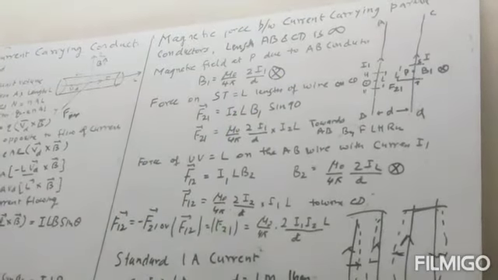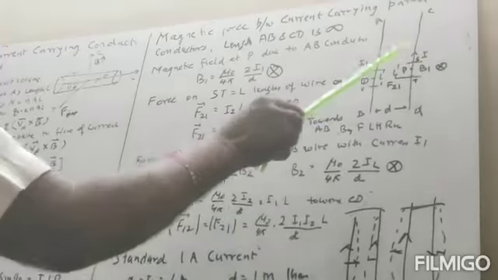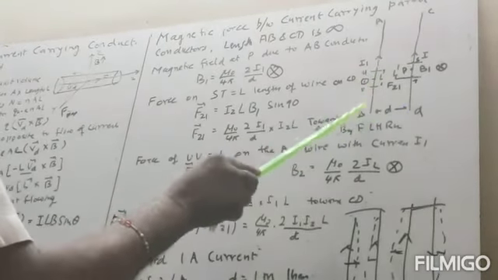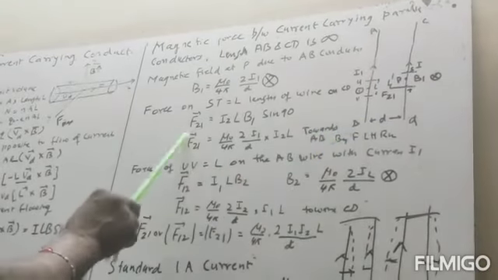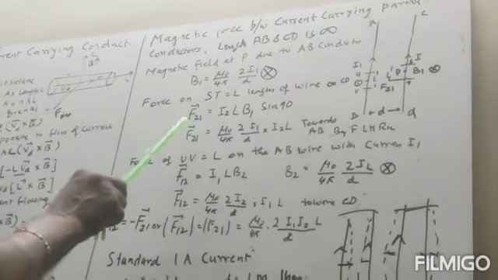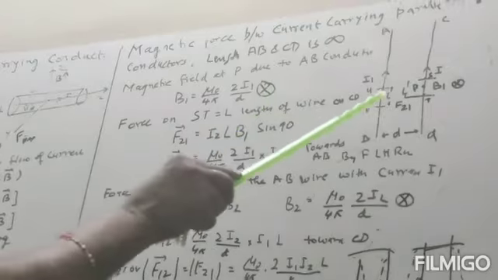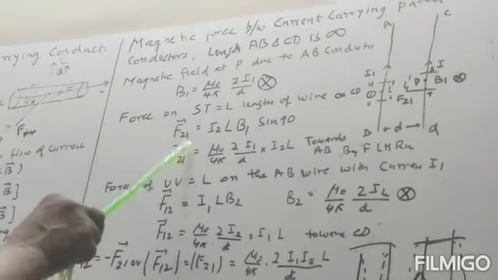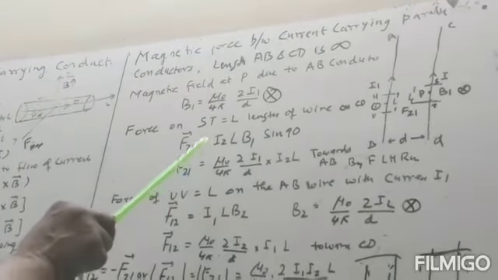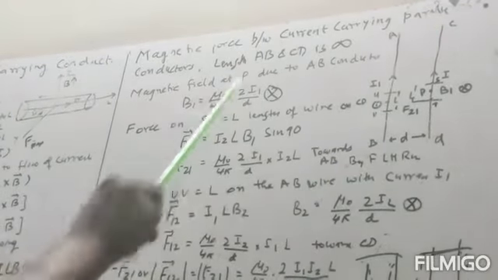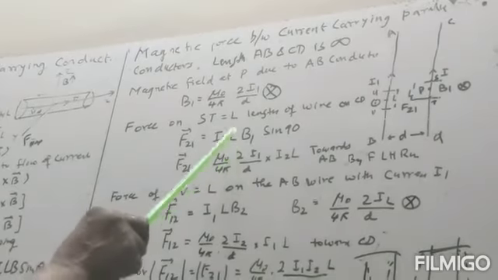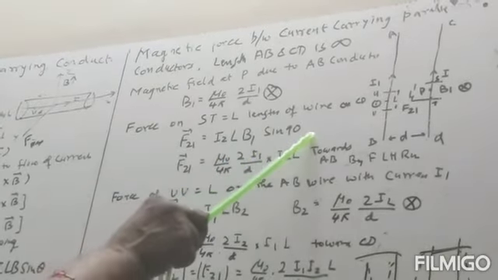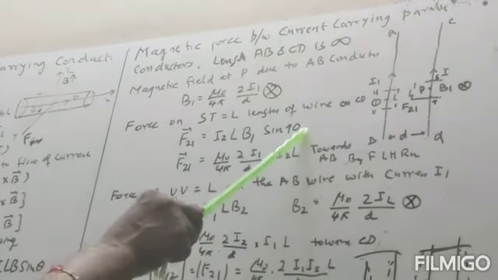So what will be the force? The force on wire 2 due to the current in wire 1 is F21, the force on the second wire due to the first wire. This will be equal to the current in this wire I2 times L times the magnetic field we derived here, and the angle is 90, so sin 90 is equal to 1.